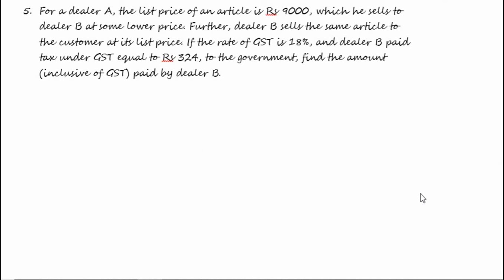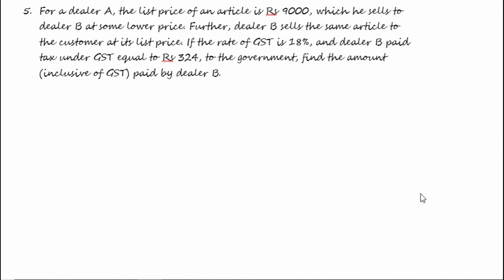If the rate of GST is 18% and dealer B paid tax under GST equal to 324, that is, rupees 324 paid to the government, find the amount inclusive of GST paid by dealer B.